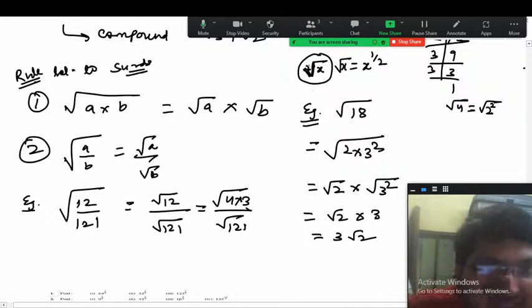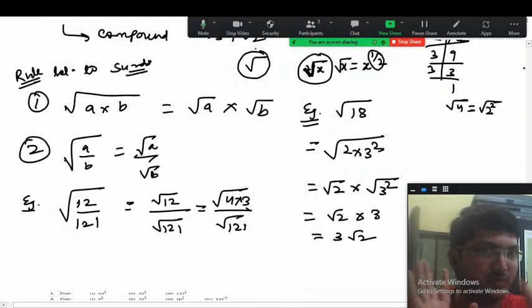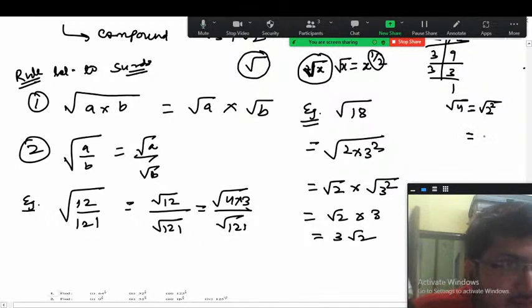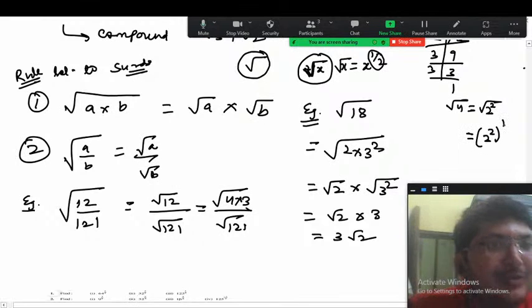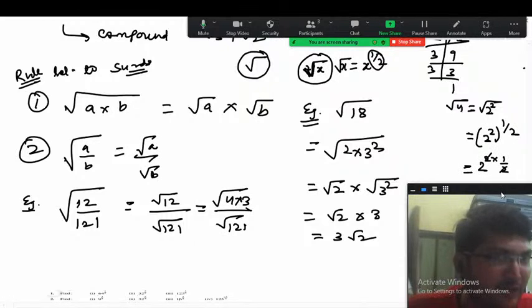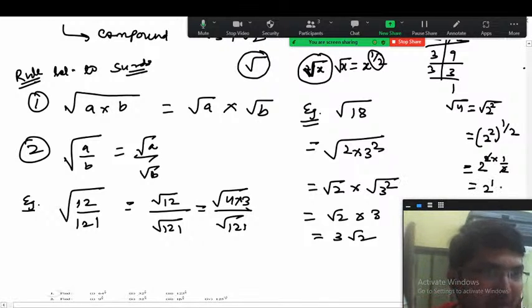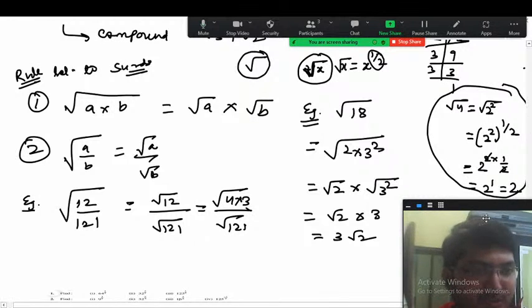So whenever we are using this symbol, that means the power is 1 by 2. You can even solve using that exponent approach. You multiply these powers, and you will get power 1, which means you will get 2. That is why the square root of 4 is 2.